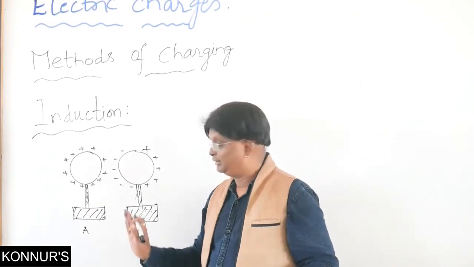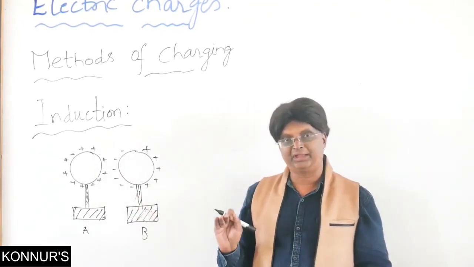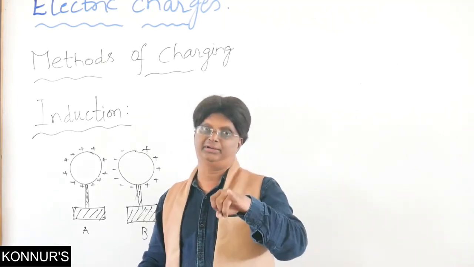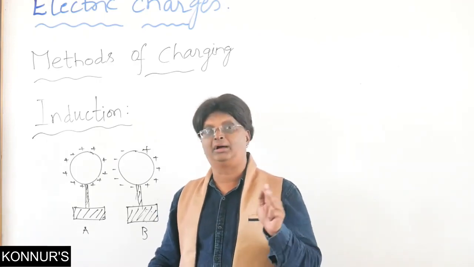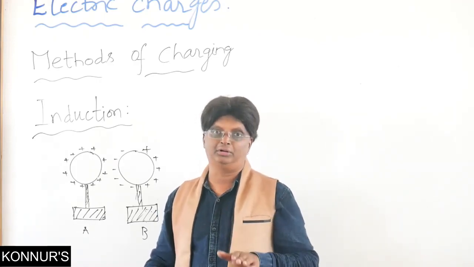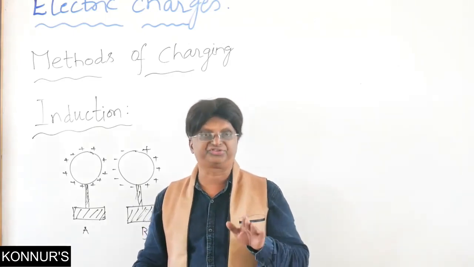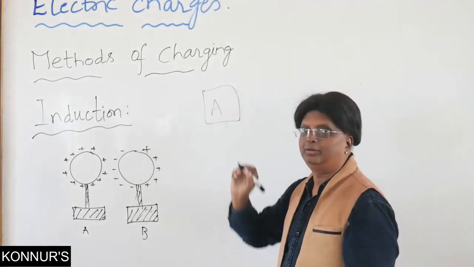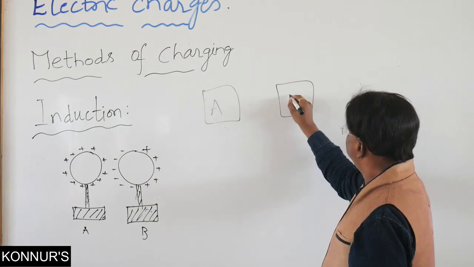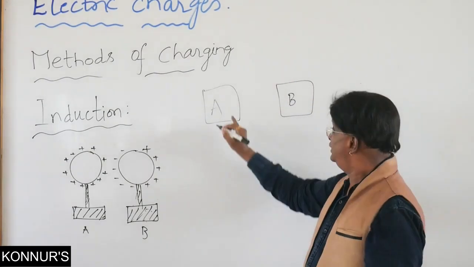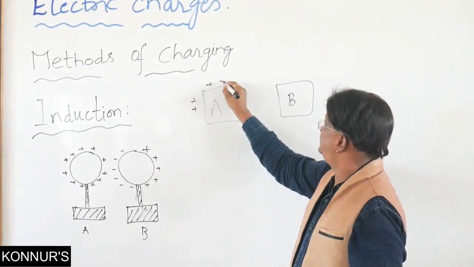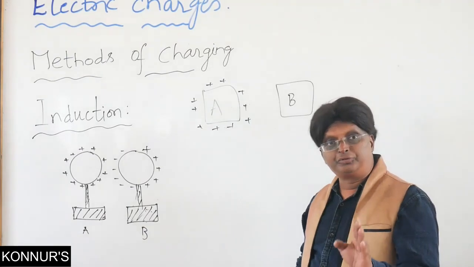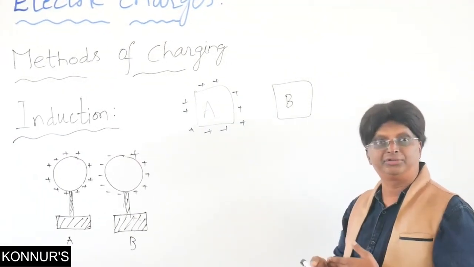Repeat my statement. A charged conductor can attract another unlike charged conductor. Also it can attract an uncharged conductor. Therefore the question is this: if I have a conductor A and another conductor B, A is initially a charged conductor and we don't know the state of B, whether it is charged or uncharged.